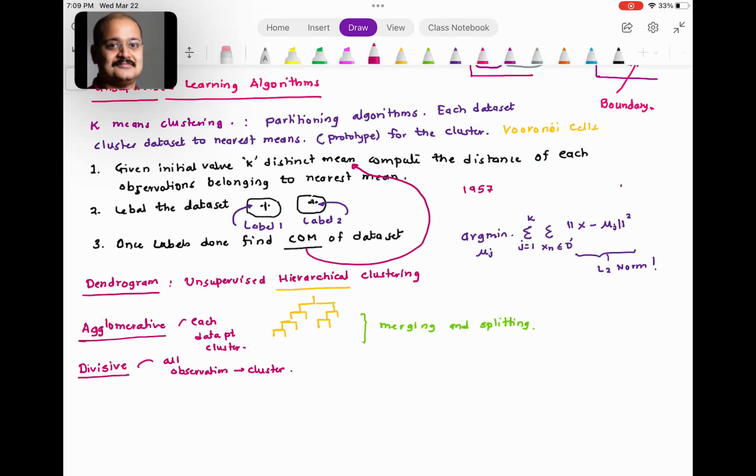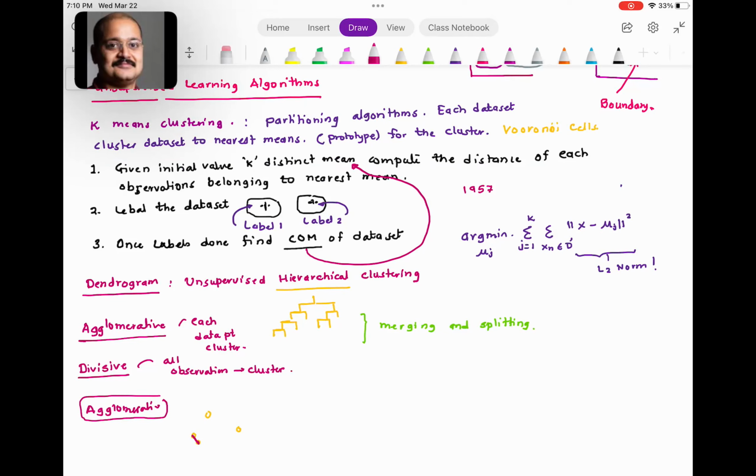clustering, or dendrogram. So let's look at the approach. Imagine that we have this data set. First I'm going to find out that these 2 points are close together, so I'm going to combine them.